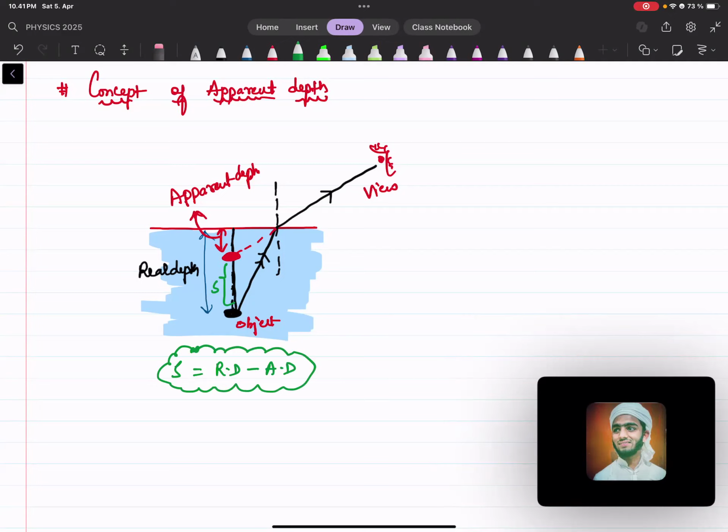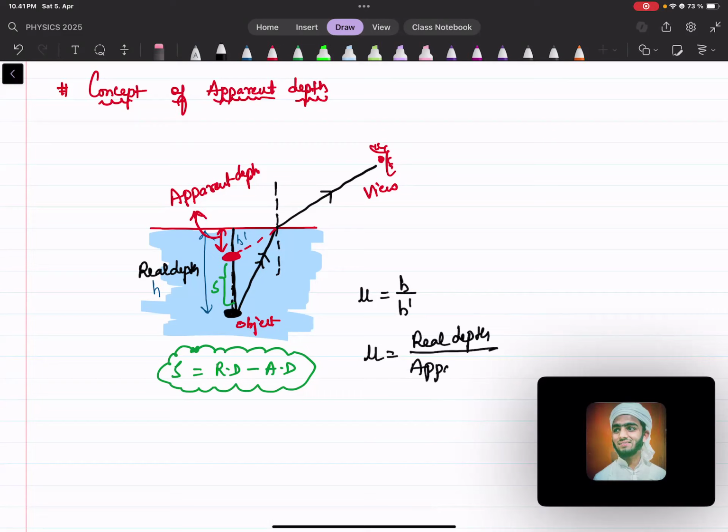Now first calculate the apparent depth. Refractive index mu is equal to apparent depth divided by real depth. I represent the real depth by h and the apparent depth by h dash. So mu is equal to h divided by h dash, that is, real depth divided by apparent depth.